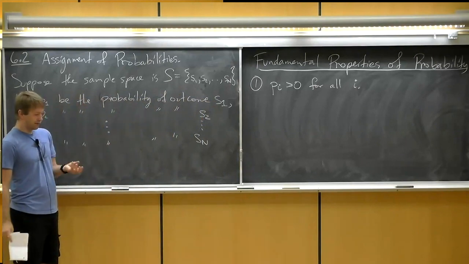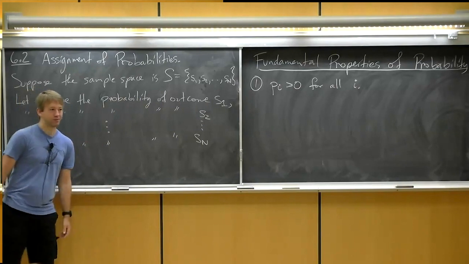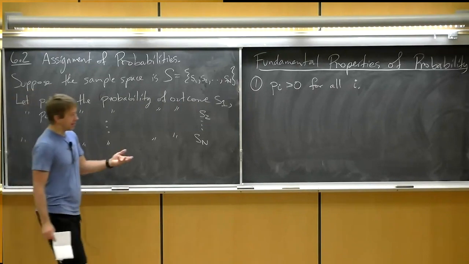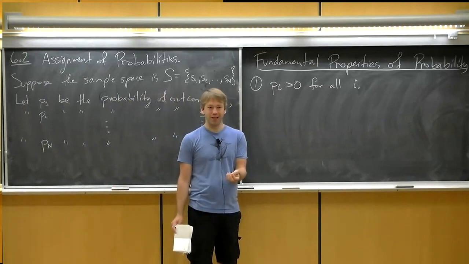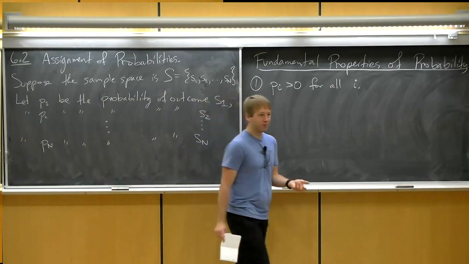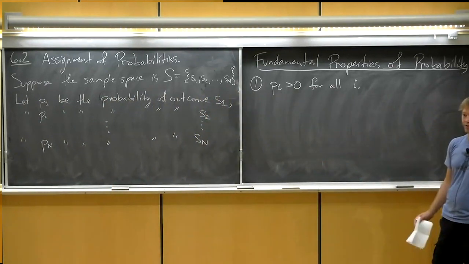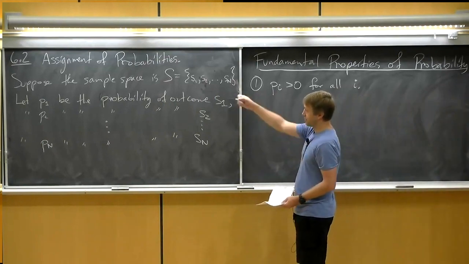If the probability of something in your sample space was 0, then it wouldn't be a possible outcome. If when I roll a die the probability of getting a 7 is 0, then 7 wouldn't be in the sample space. And similarly, you can't assign a negative probability to some outcome. If I say the probability of this is -1, that would be kind of crazy. So probabilities for everything in your sample space should be positive.